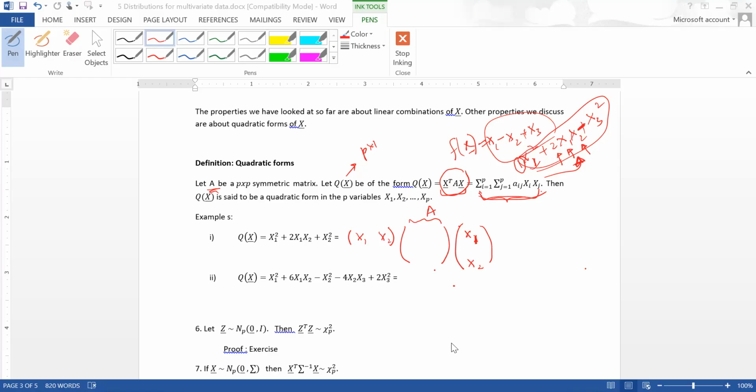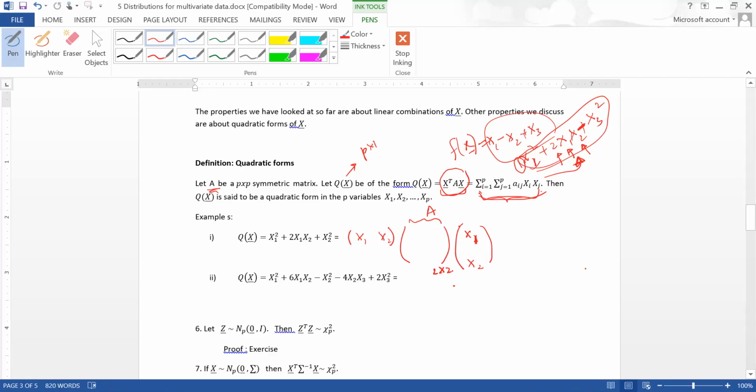Generally A is P by P, but I'm considering this particular example, x1 square plus 2x1x2 plus x2 square. Yes, it's going to be a 2 by 2 matrix.